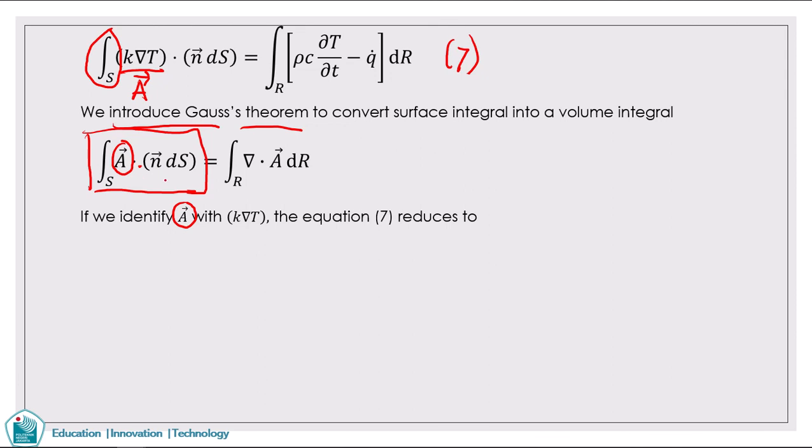And then equation 7 can be reduced to this term. Remember this is the A. So del dot should be K, sorry, K del T.